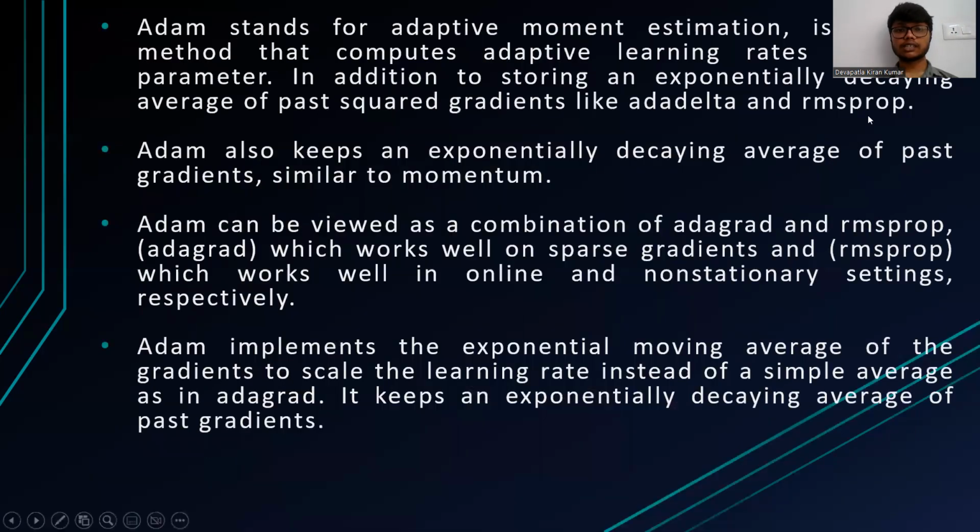The Adam optimization algorithm, which stands for adaptive moment estimation, is another method that computes adaptive learning rates for each parameter.